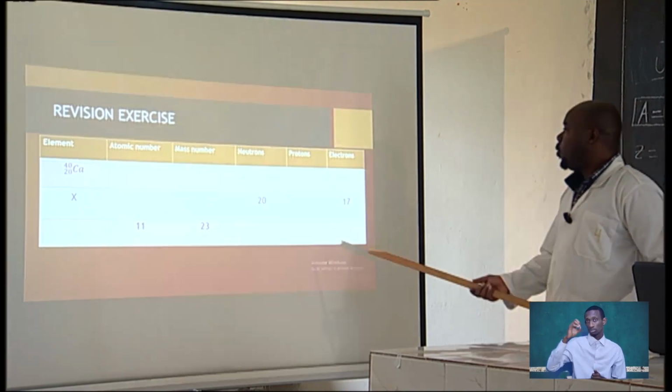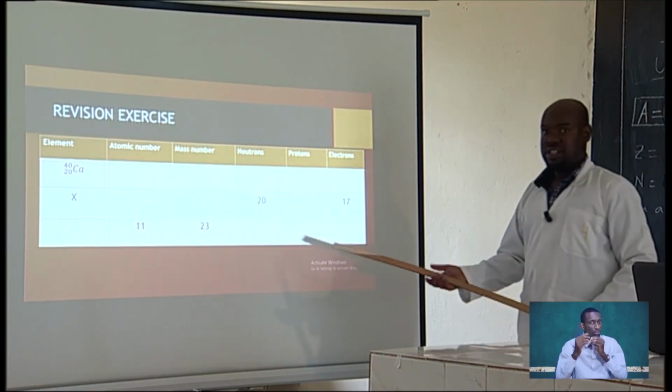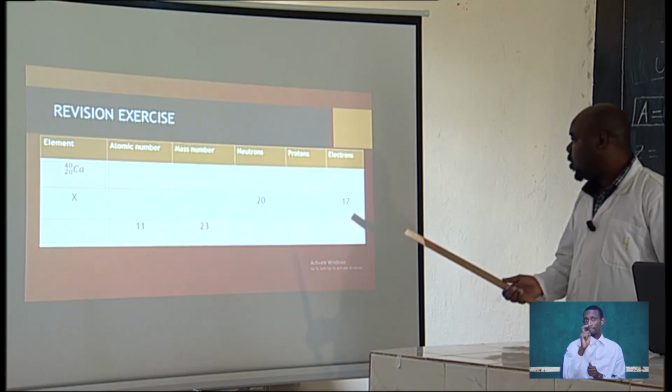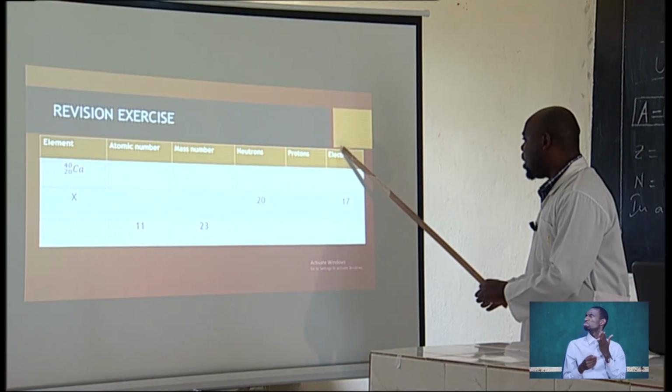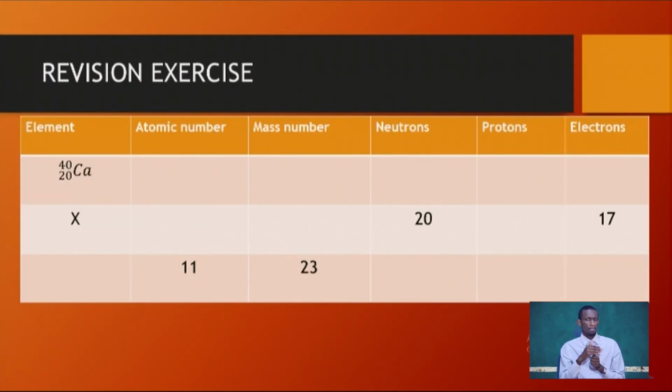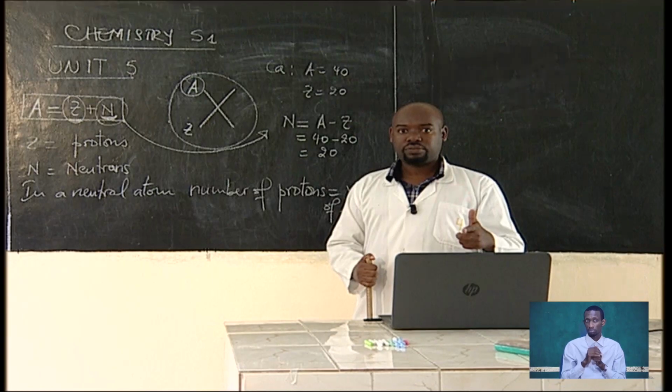Number 2, we have X. It is an unknown element, and here we have the number of electrons. What can we deduce from this number of electrons? It is said that in a neutral atom, the number of protons is equal to the number of electrons. So if we have the number of electrons, we can deduce the number of protons in a neutral atom.